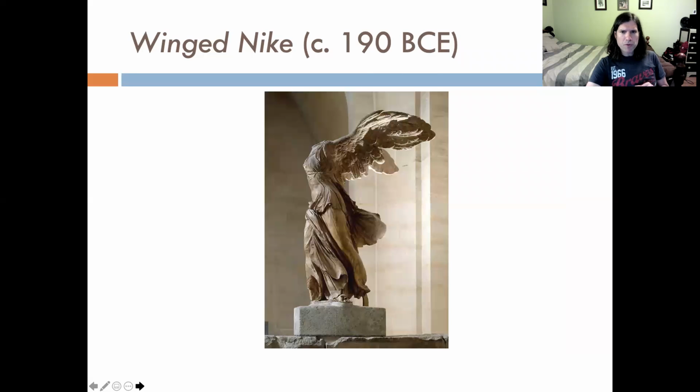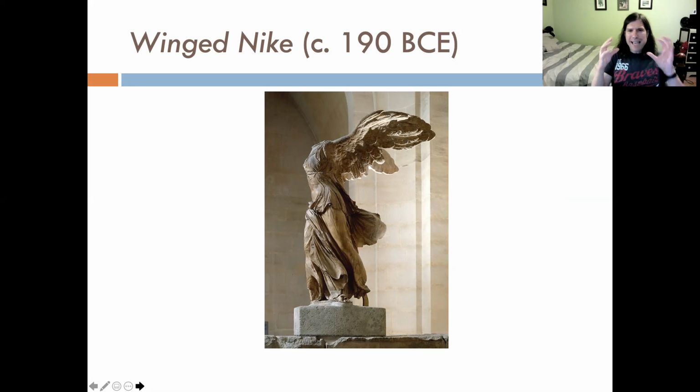I want to give you also a view from the side so you can see the dramatic drapery and the way in which the artist has created this amazing sense that the wind is blowing against Nike, and that she is capturing that split second as she lands on Earth.